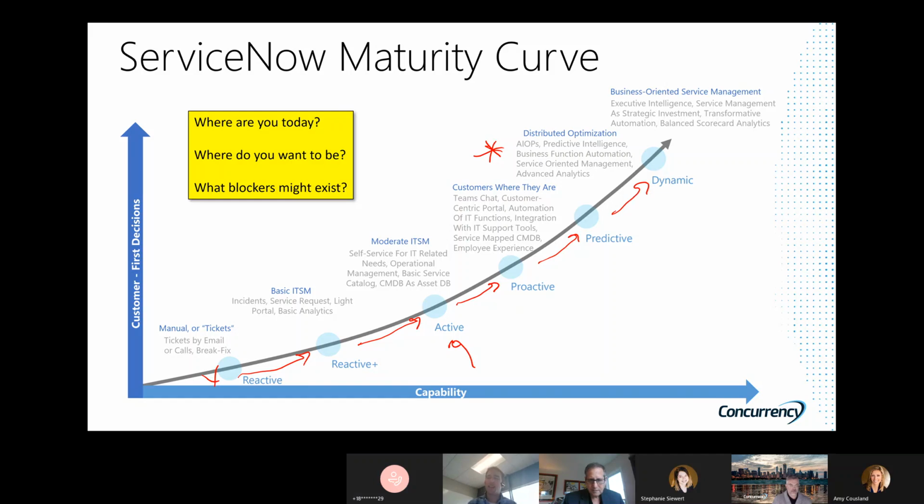And then finally, once you get to that point where you're distributing all these capabilities across the business and you have business teams that are really tech teams, what you need is a better understanding of your scorecards, a better understanding of your portfolio. And that's where executive business-oriented service management is super important. How does my technology investment relate to how the business is using it? How does my executive team look at my distributed technology investment across the business and where that portfolio is paying off or not paying off?